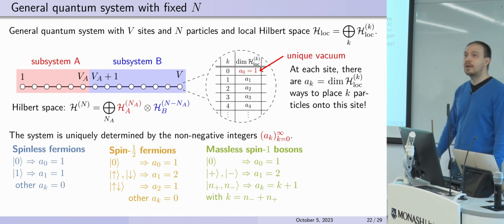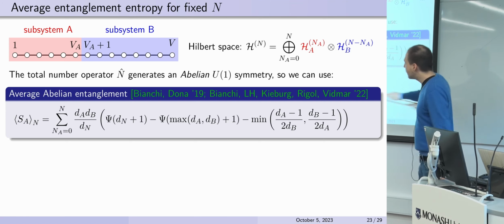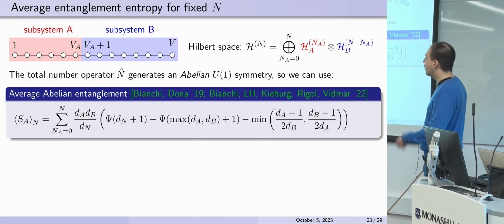Well, in our work from '22 and already before in '19, we essentially have a technique that relates this average to just a sum expression that only depends on the dimensions of the Hilbert space A, B, and the Hilbert space with fixed particle number in total. So psi is again the digamma function that essentially behaves like a logarithm. And then we just need to understand these 3 dimensions.